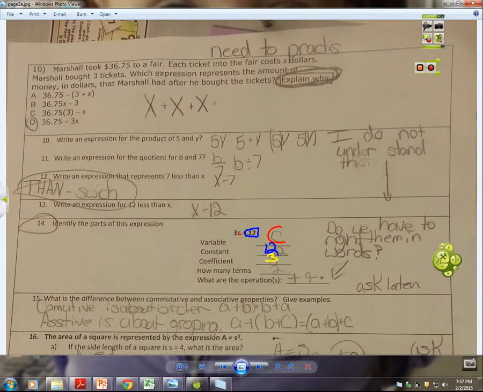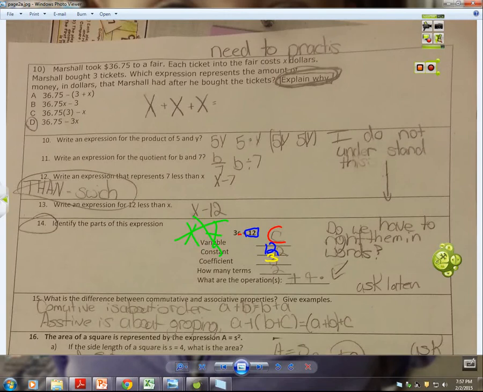And then how many terms is basically the things on the sides of the addition. The addition sign is like a fence, a boundary, and there are 2 of these.